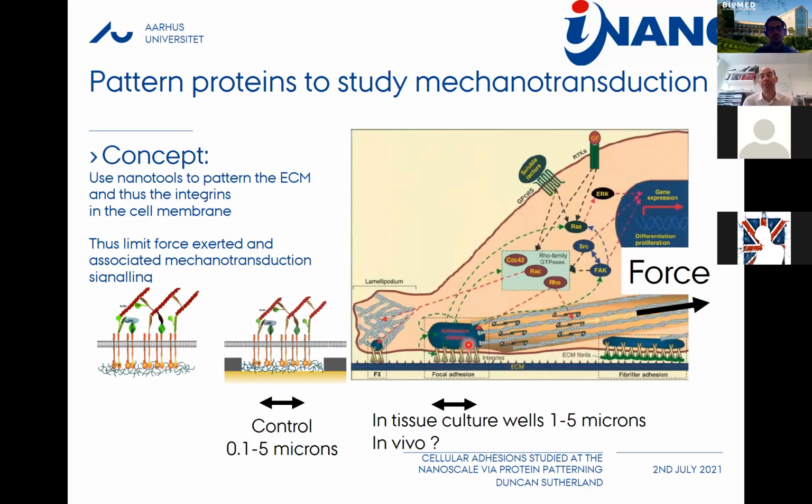And typically these focal adhesions, focal complexes are much smaller, and it's not really clear how they form in vivo, but it's clear that there are not these large micron-sized focal adhesions forming. And so what we hoped to do was to change the size of focal adhesion that a cell could form and see if that would alter its behavior, if we could change its mechanotransduction signaling.